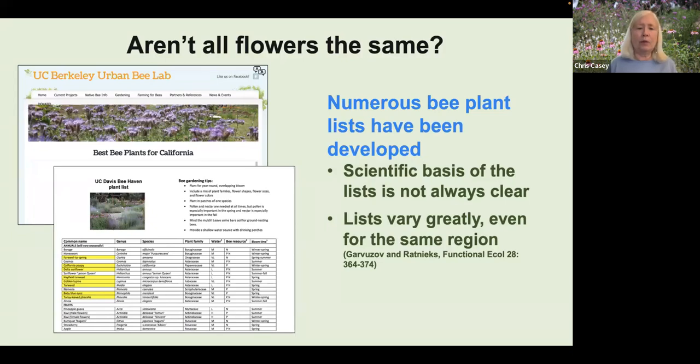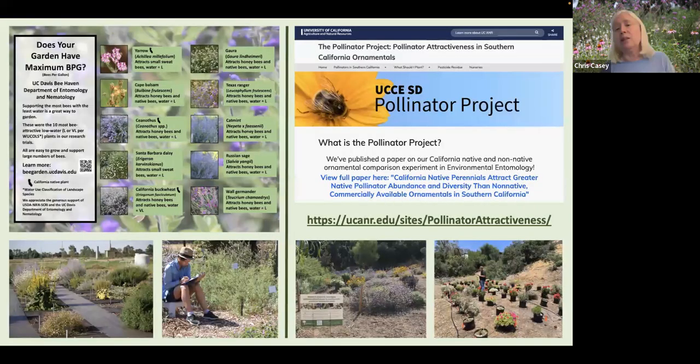And for us here in California, both in Northern California, the Berkeley Urban Bee Lab and the UC Davis Bee Haven are great places to get that information. In Southern California, my colleagues on the project that I just completed a few years ago, looking at plant preference among bees, have put together a great website that has information about Southern California plants.